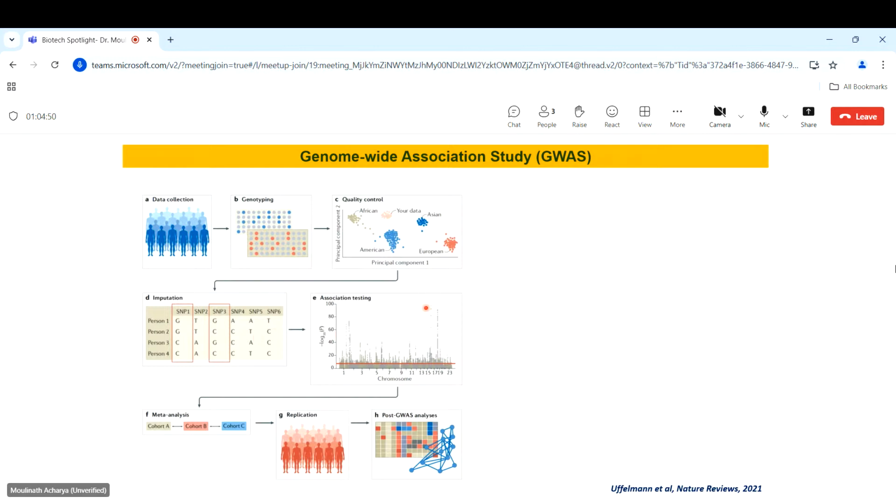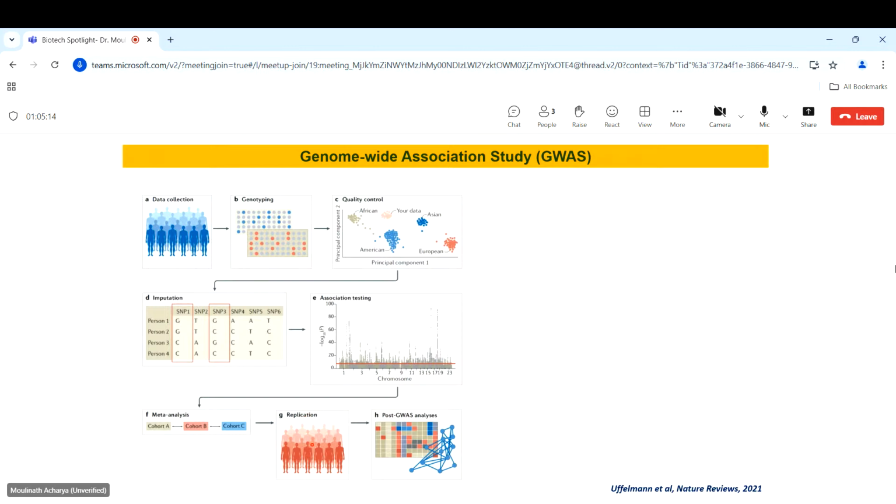And then after that, we do association testing. The meta-analysis is an additional step, but it is not absolutely necessary, because if you are doing it for the first time, you might not have control data from the other cohorts or other populations. But the most important part is replication.